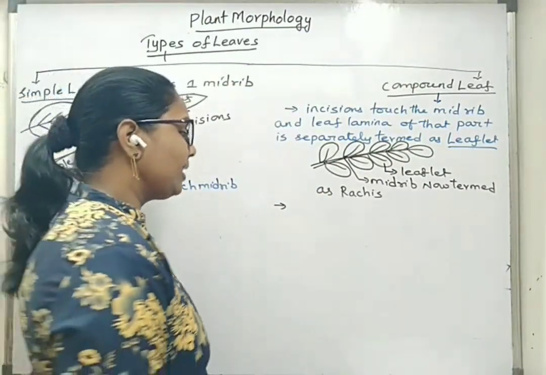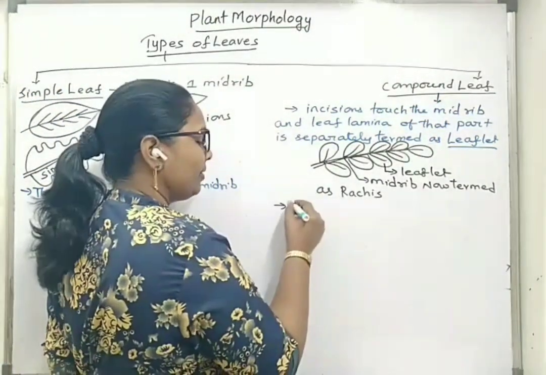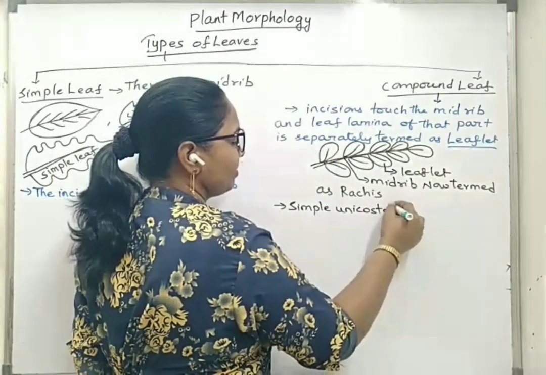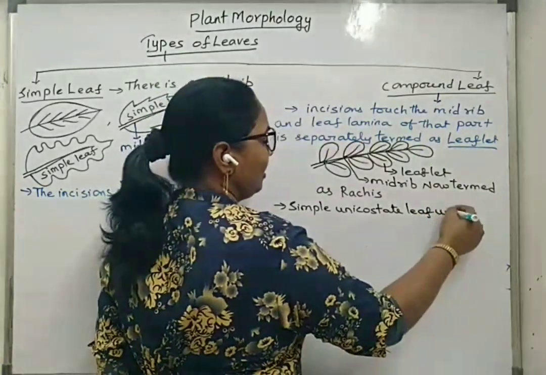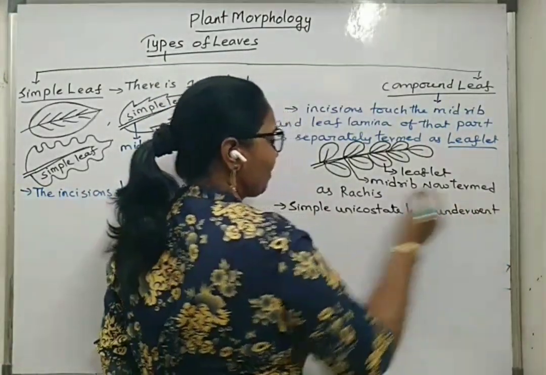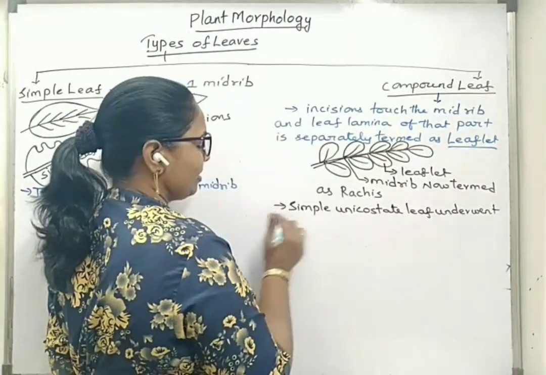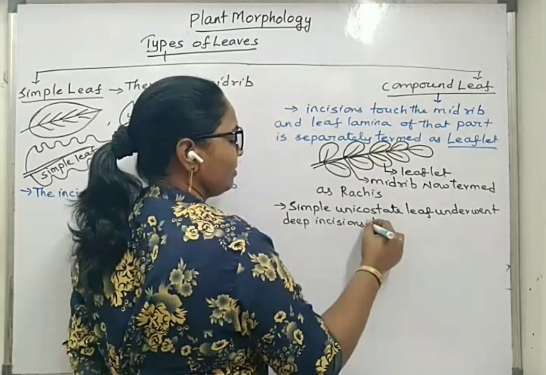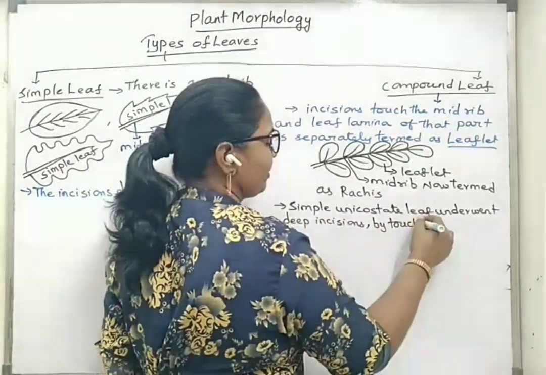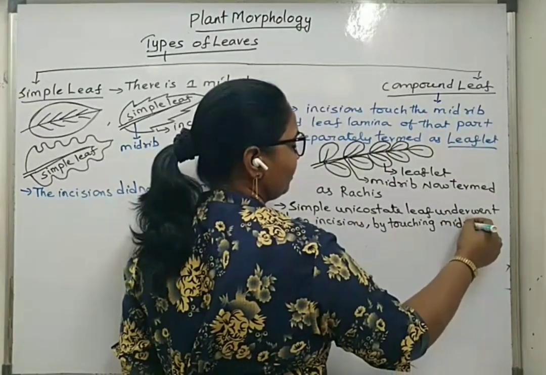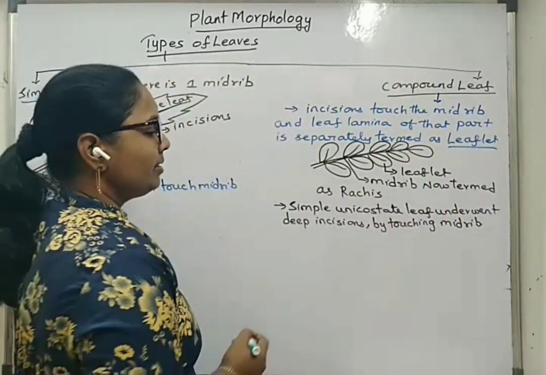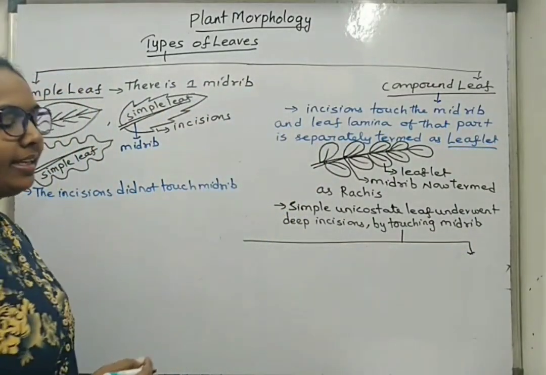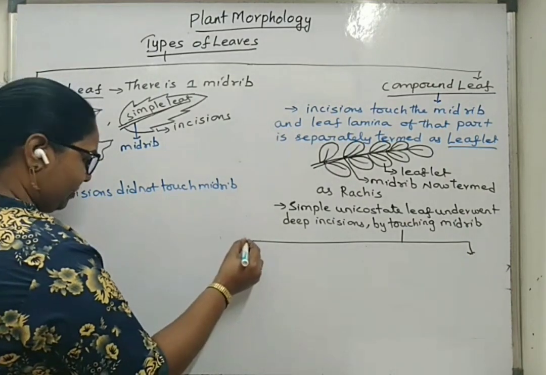So simple unicostate leaves now underwent incision. That point we will write: simple unicostate leaf underwent deep incisions by touching the midrib. These compound leaves are again differentiated into pinnately compound leaf and palmately compound leaf.